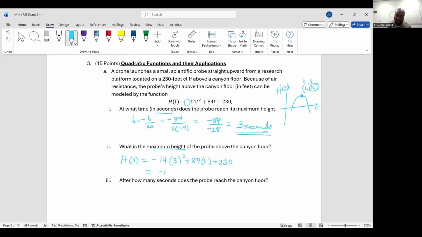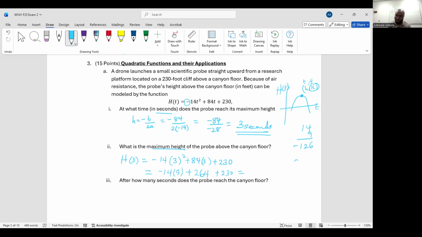So that is negative 14 times 9, plus 3 times 84. 14 times 9, that is 126. Yes, so that is minus 126.